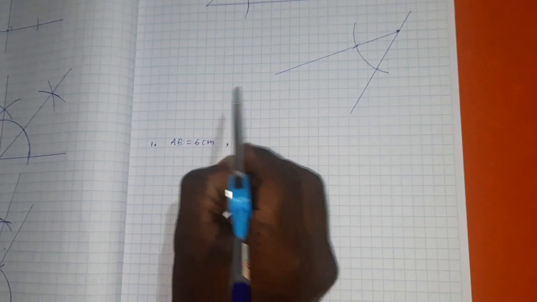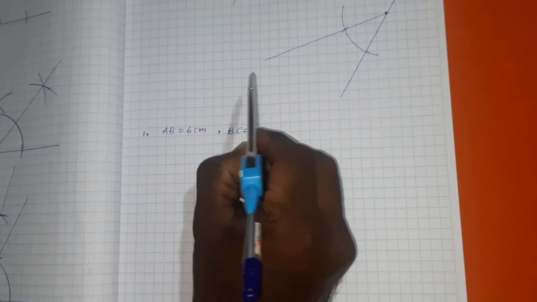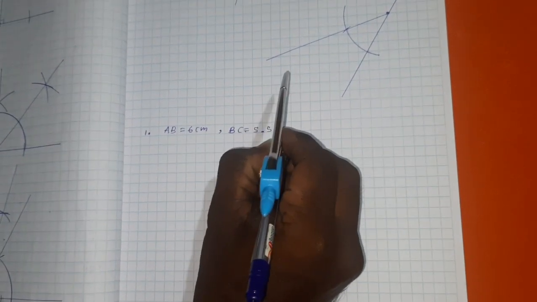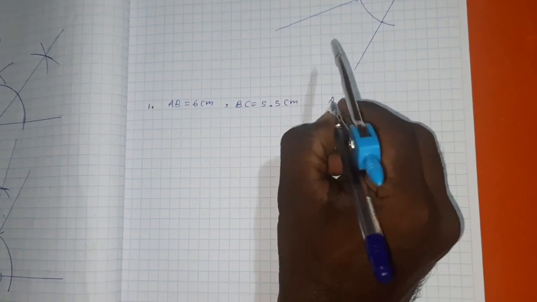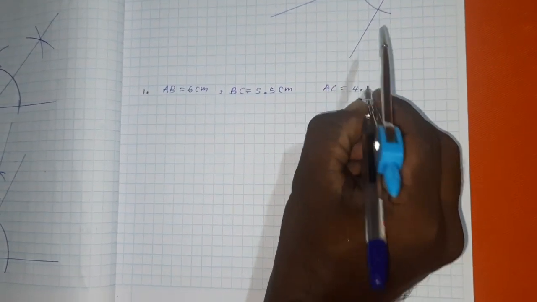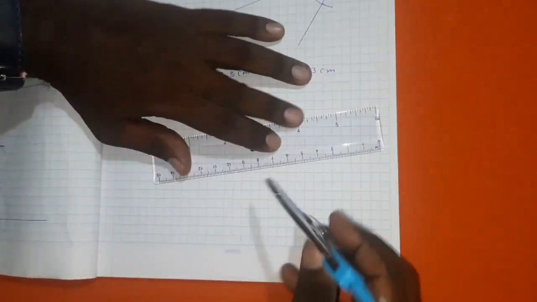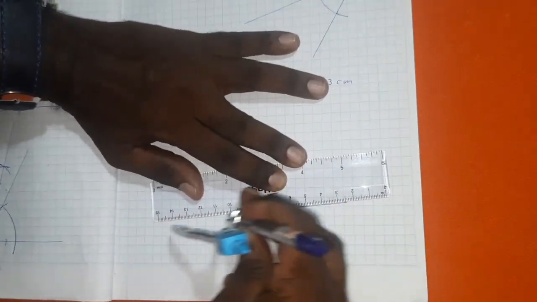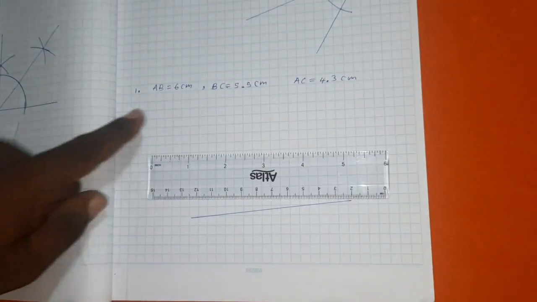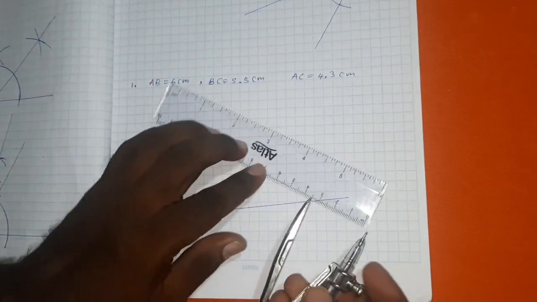Now the next one is to construct triangles. So here AB 6 cm, BC 5.5 cm, and AC 4.3 cm. Now first of all you have to draw a straight line like this. Then take the length of 6 centimeter to the compass.